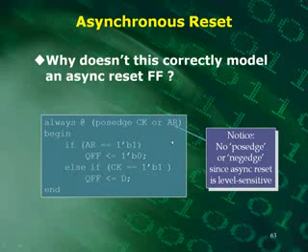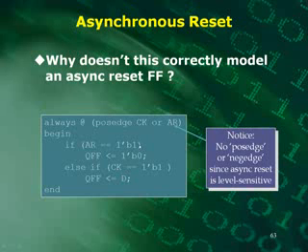Here we've said, at the positive edge of a clock, we're doing our non-blocking assignment, so it's going to be a flip-flop. We've said on either edge of the asynchronous reset, if it's high, then we set the flip-flop to 0. Otherwise, we check to see if the clock is high, and we set the Q flip-flop to D.